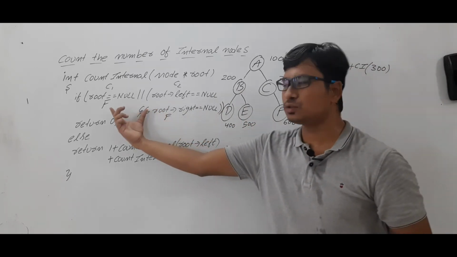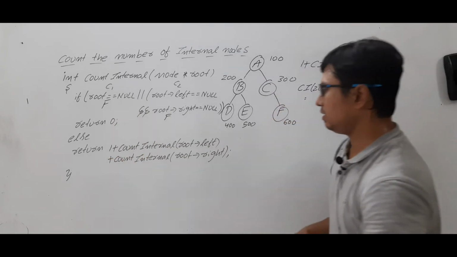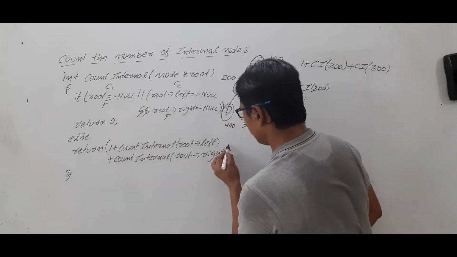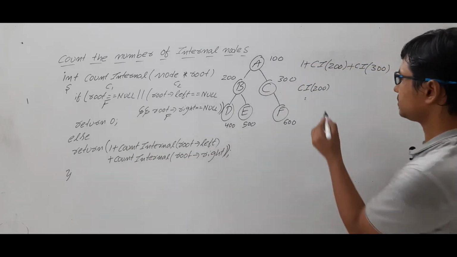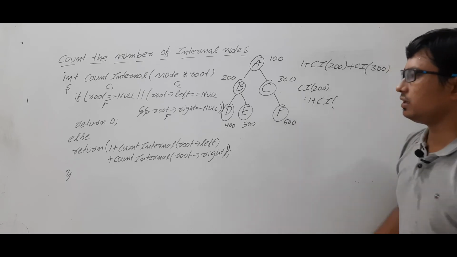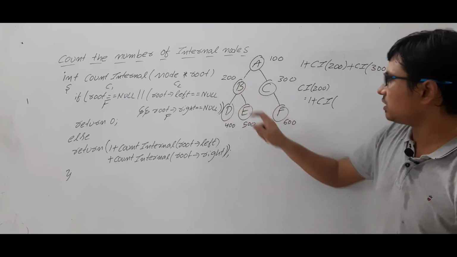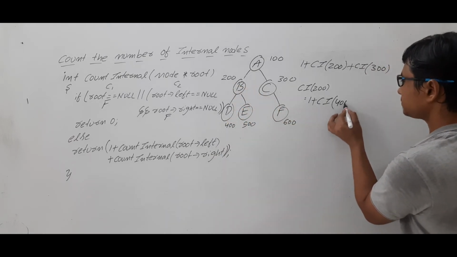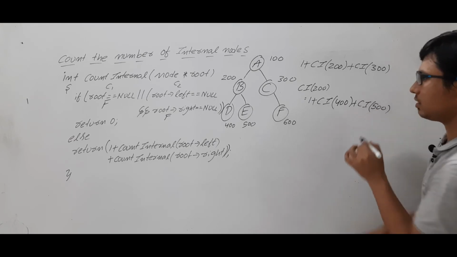So again these two conditions are false, and I will come to the else block. Let me write this entire one, then only it is correct. Return 1 plus count internal nodes, root of left, now it is 200, 200 left is 400, and 200 right is 500. Am I right or wrong?